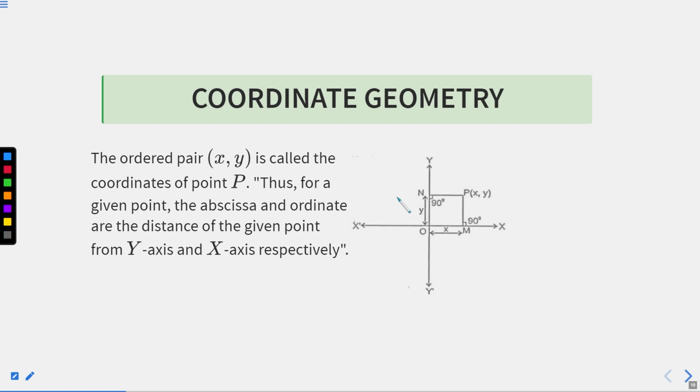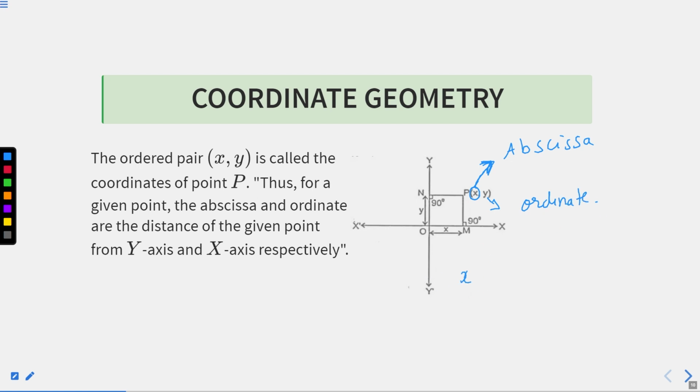Now let's see what the specific names are for the numbers in the ordered pair (x, y). The number that comes from the x-axis we name the abscissa, and the number that comes from the y-axis in the ordered pair we call the ordinate.